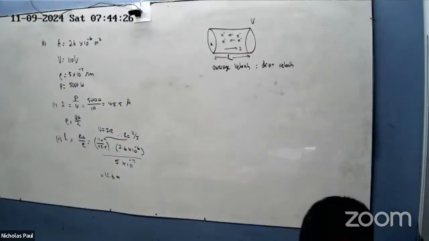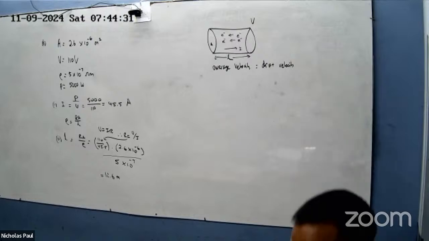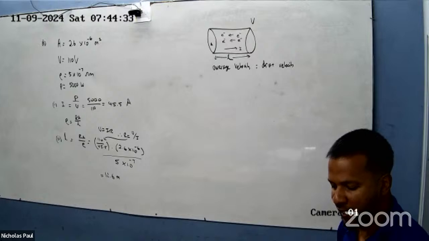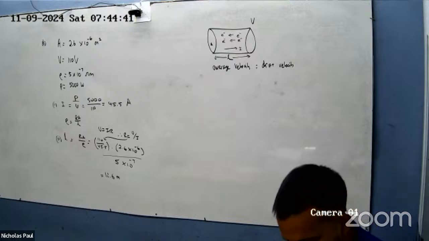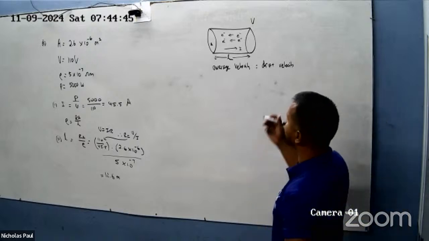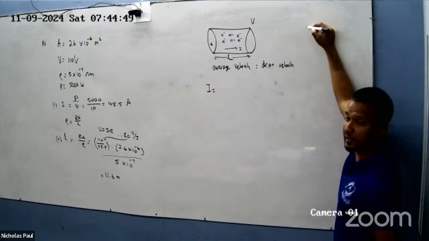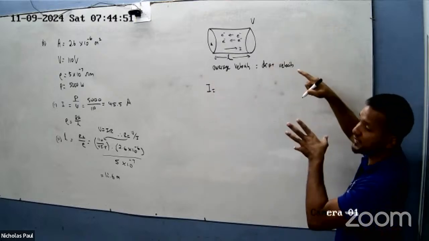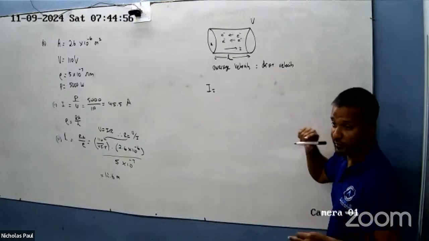But before we do that, we have to define a few things. I gave a cross-sectional area. What else do you need? We'll find I later on. We need to find a way to get the number of electrons.